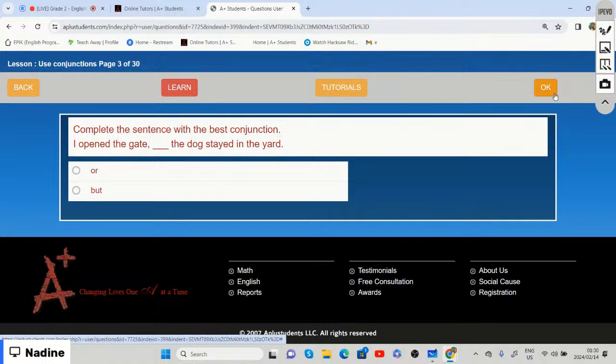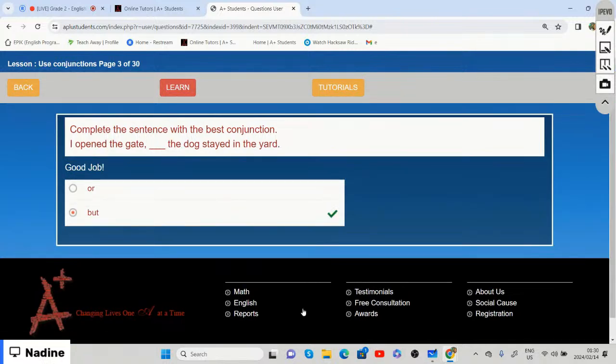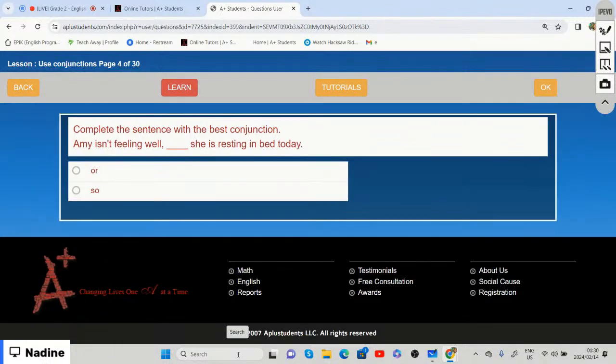So we can say I opened the gate, but the dog stayed in the yard, meaning that he did not run.